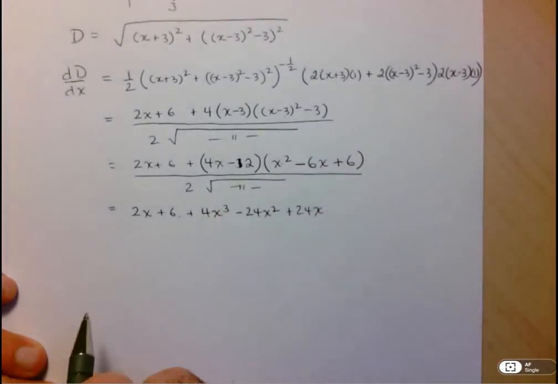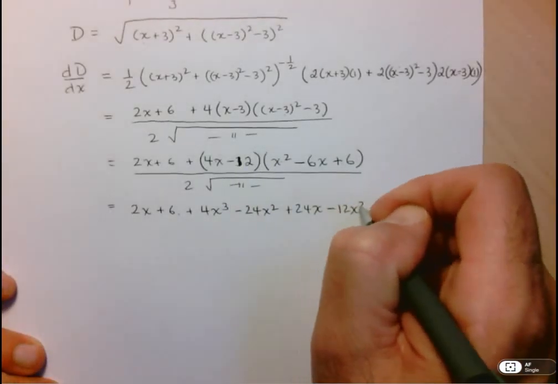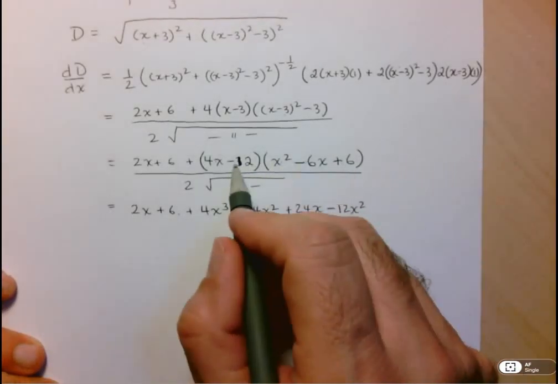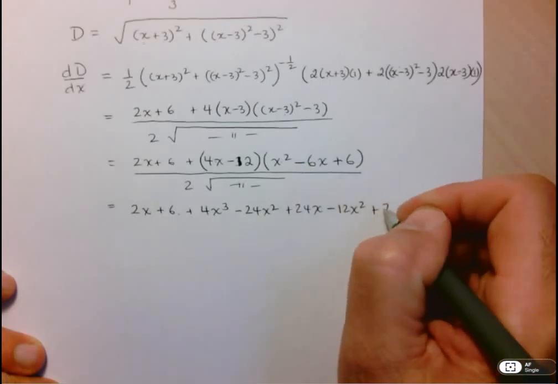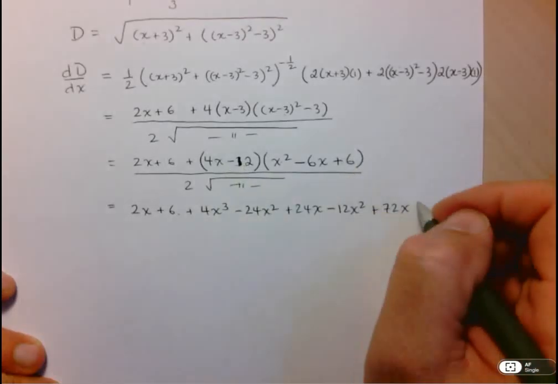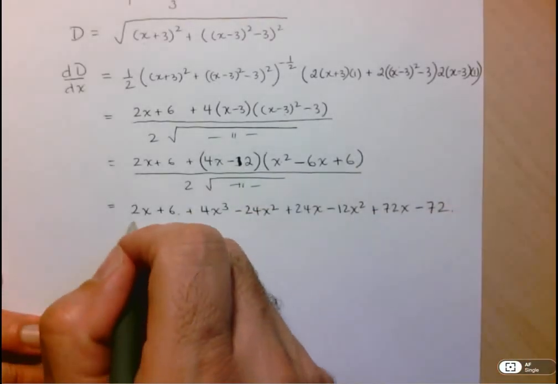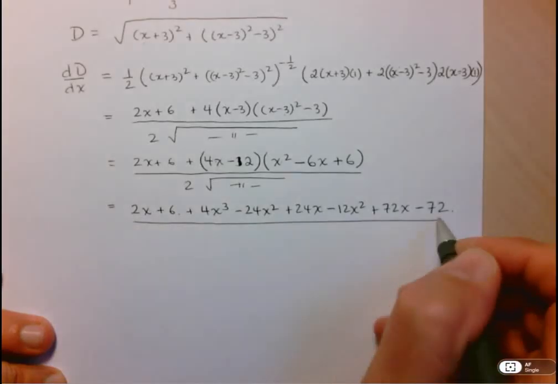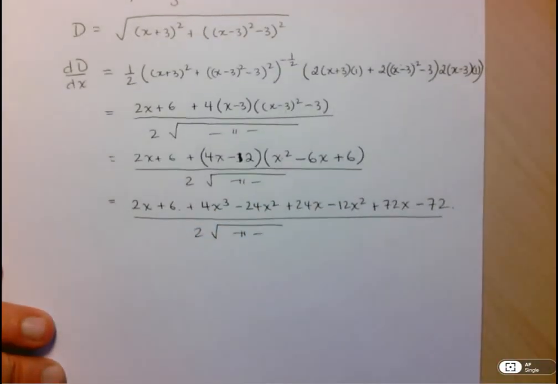And now let's deal with the negative 12, so negative 12x squared. This will be positive 6 times 12 is 72, so plus 72x, and then negative 12 times 6, so minus 72. So again, lots of little calculations to do, but just try to be as careful as you can.